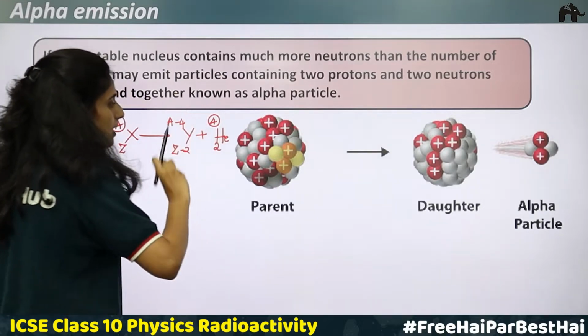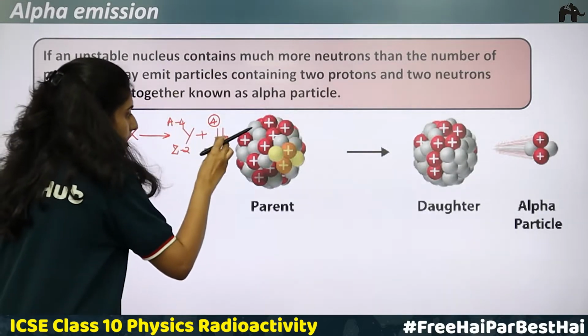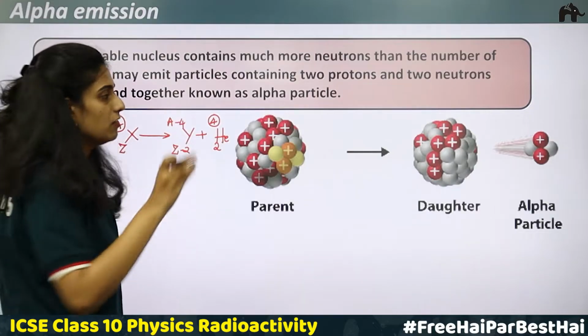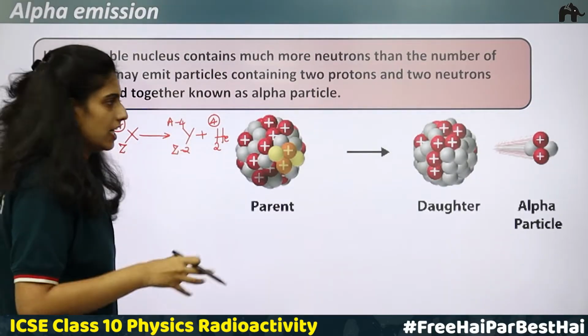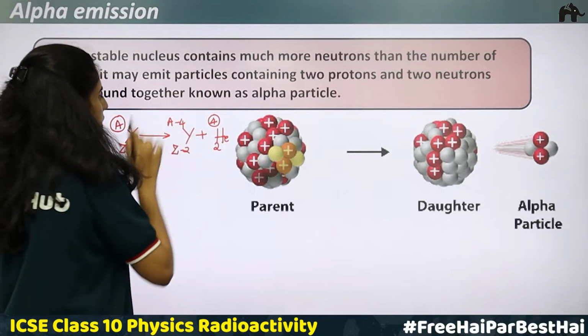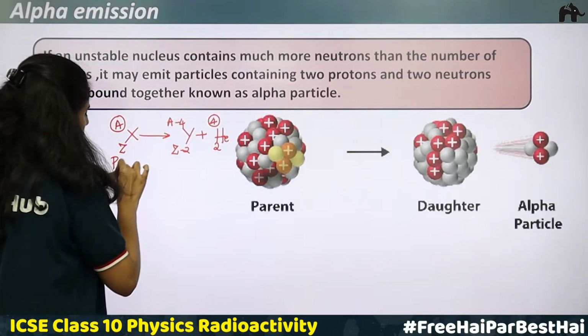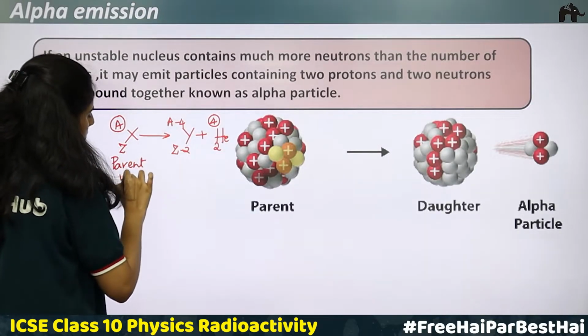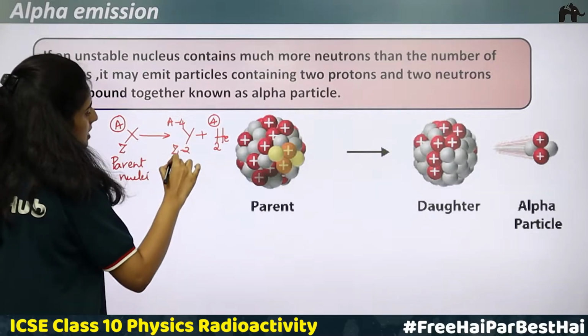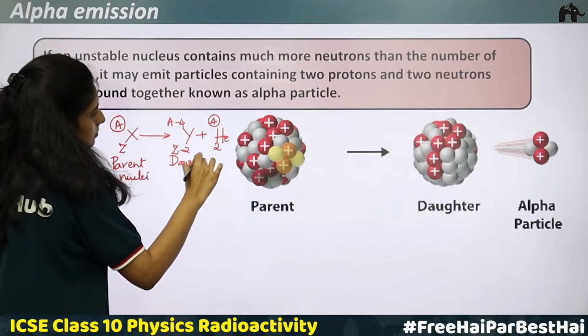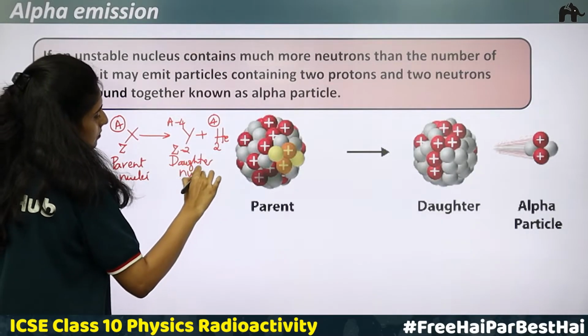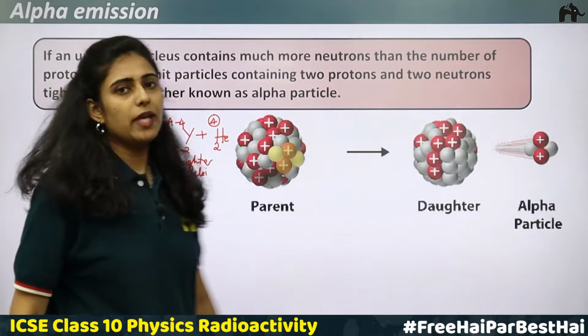Many such alpha particles, many helium nuclei emitted, we call alpha rays or alpha radiations. This is the parent nucleus and this is the daughter nucleus.